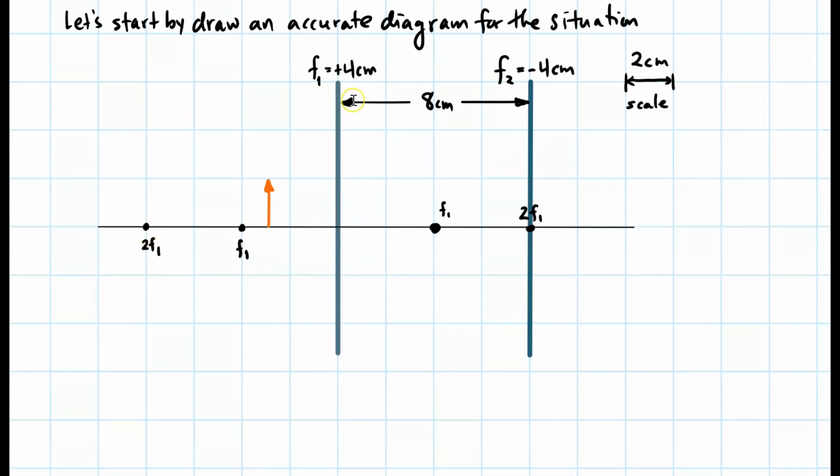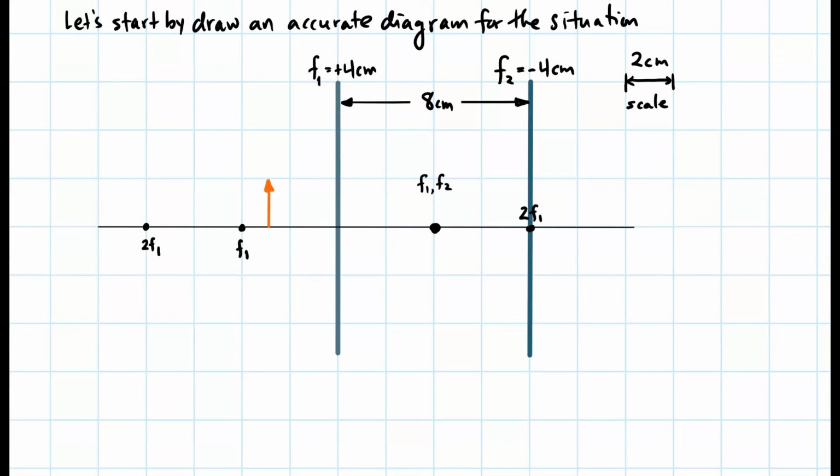The separation between the two lenses, where this is f2 right here, is 8 centimeters. So if they're separated by 8 centimeters, then the focal point of f2 is exactly at the same spot as f1. So f1 and f2 are at the same locations.